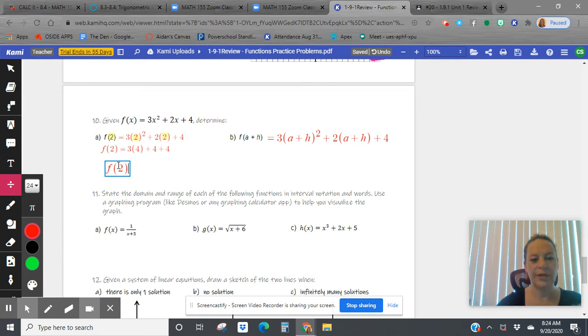Right, so f of 2 equals 3 times 4 makes 12, plus 4 plus 4 is 8. Final answer, f of 2 equals 20.